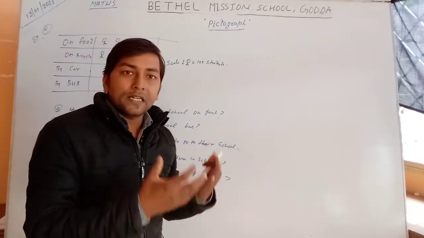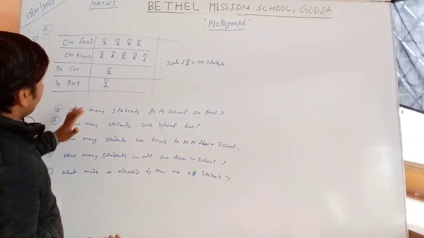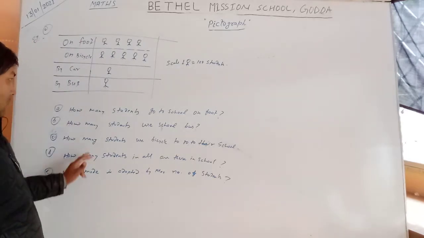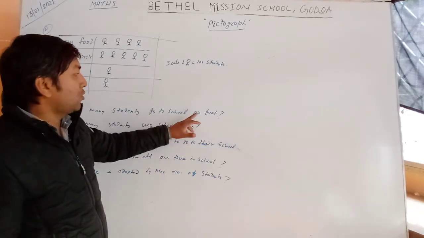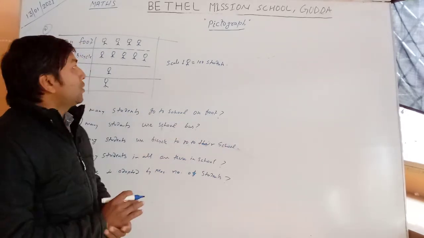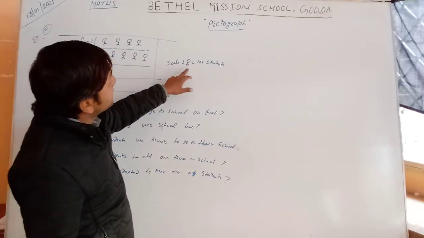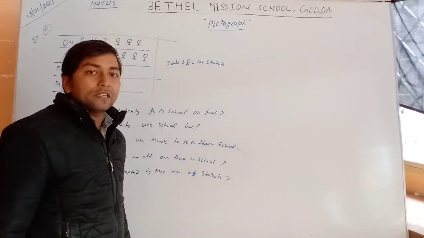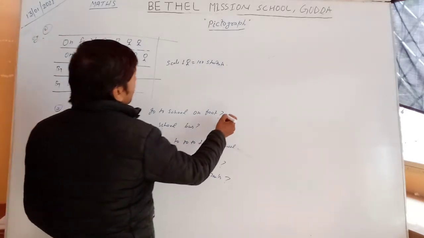Okay, after seeing the information you have to answer the following questions. Here the question says, how many students go to school on foot? On foot there are 4 pictures given and one picture represents 100 students. So 4 pictures represent 400 students.